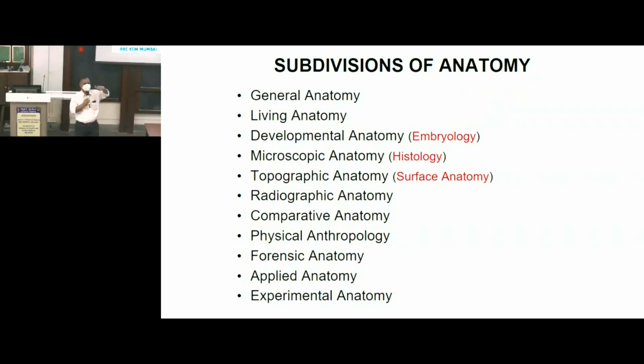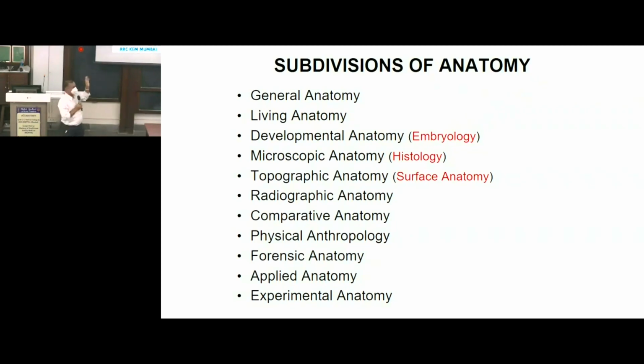General means anything that is generalized, common. The opposite of general is specific or special, correct? So, general anatomy is that subdivision of anatomy where we will learn general features of all the various systems.